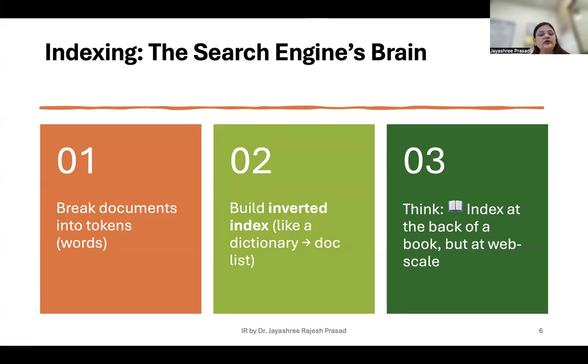Then came BM25, which is a smarter version, and today artificial intelligence powered models like BERT understand the context. That's why if you type "apple," your results differ depending on whatever you have been browsing, iPhones or apple pie recipes. It gives you the relevant results.